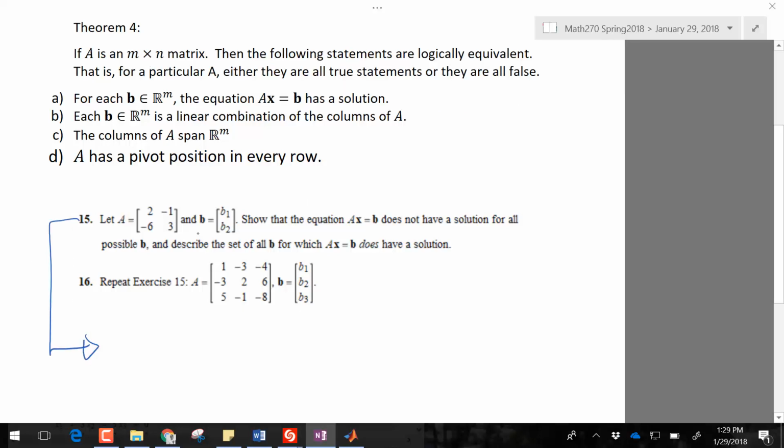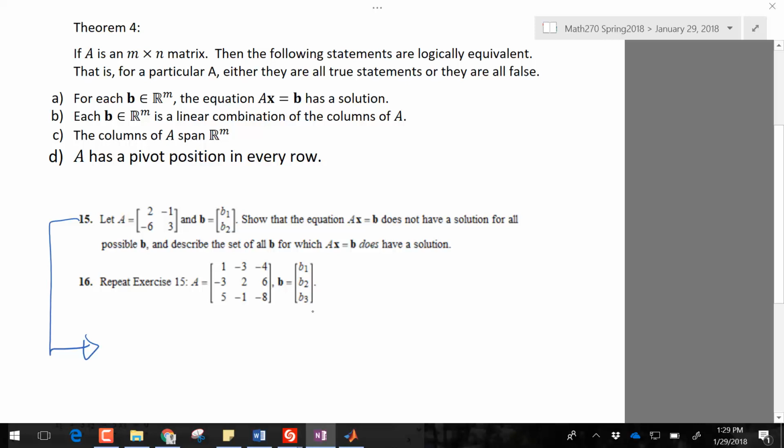So we have a 2 by 2 matrix, and b1, b2. Show that the equation does not have a solution for all possible b, and then describe the set of all b for which Ax equals b does have a solution.